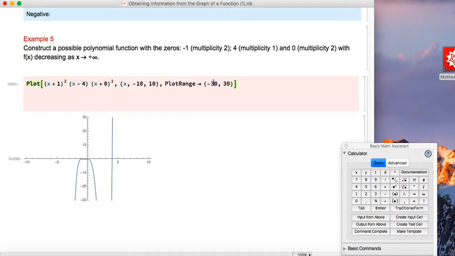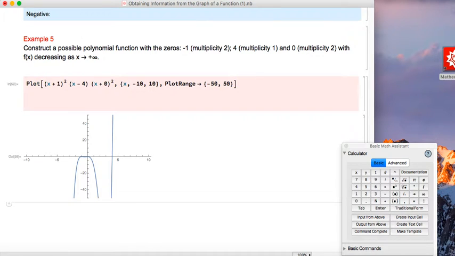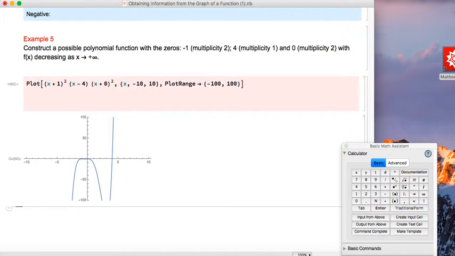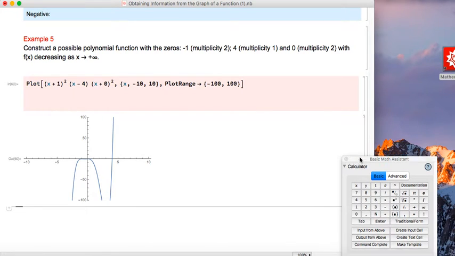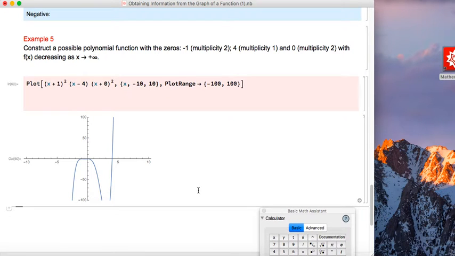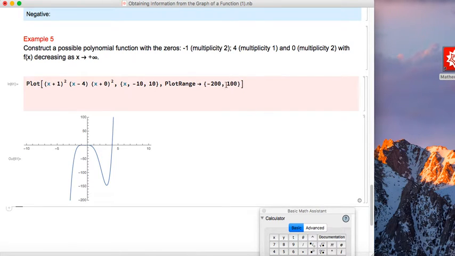Maybe we need more, -50, 100. We still did not see, maybe more. Better, so it's 200, 200.